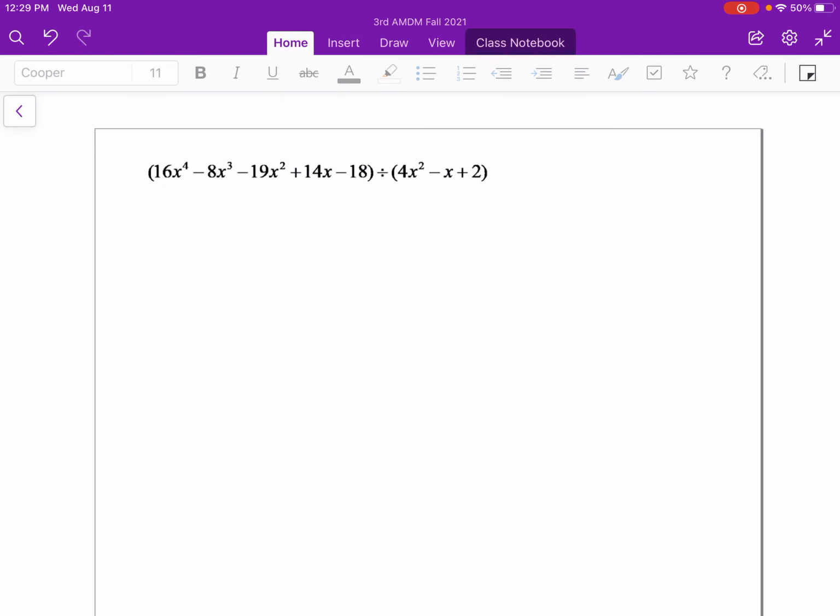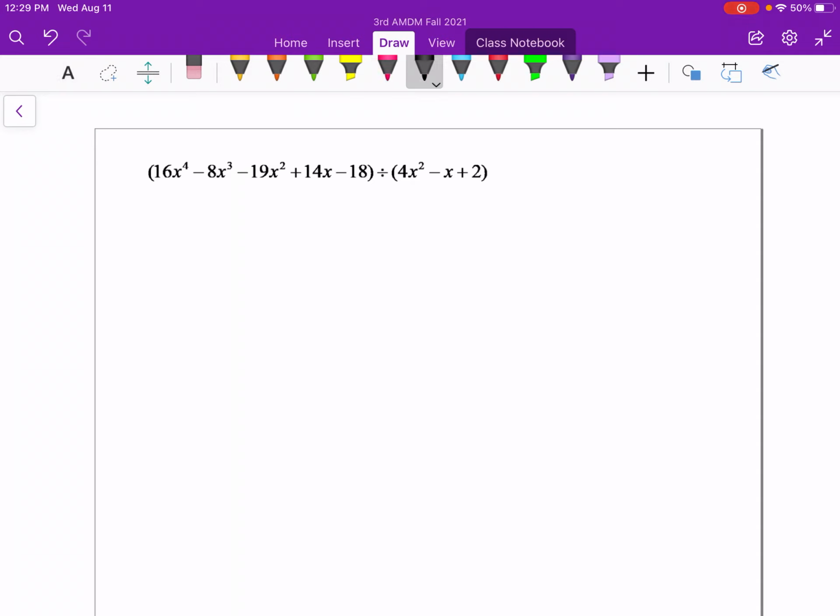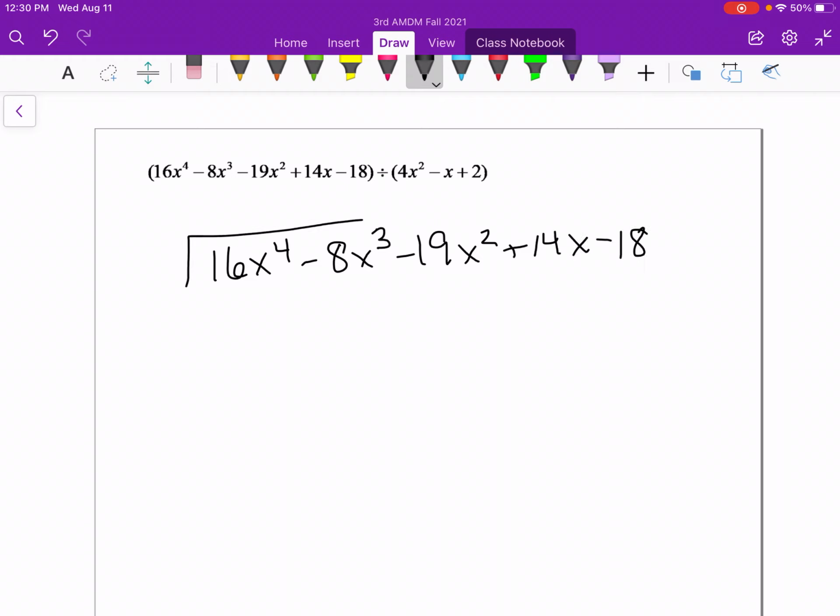And I have another one. So I've got 16x to the 4th minus 8x cubed minus 19x squared plus 14x minus 18 divided by 4x squared minus x plus 2. Even though it has 3 terms that we're dividing by, even though we're dividing by a polynomial, we're still doing it the same way.